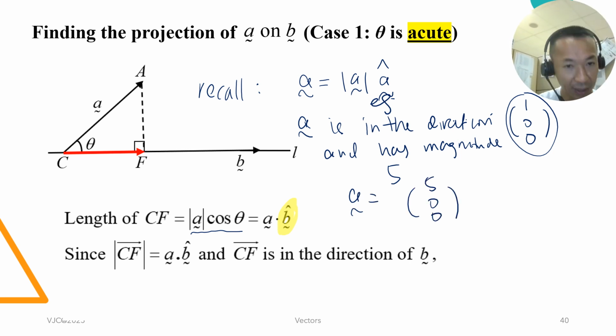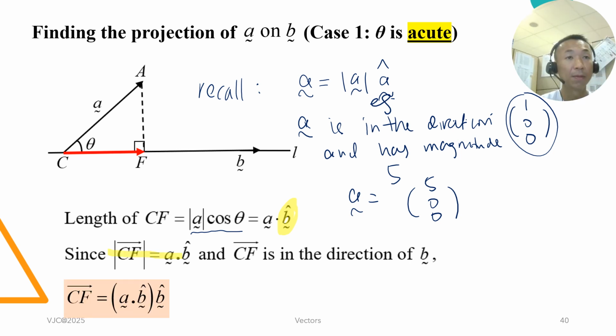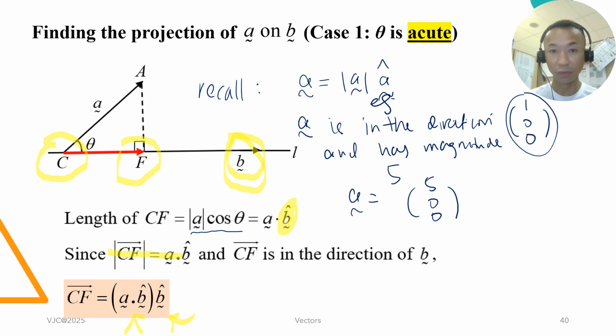Since I already know the magnitude of CF, CF will be the magnitude times the unit vector B, a scalar multiple, because CF must surely be in the same direction as B. So here we have shown just by trigonometry that CF, the projection of A on B, is just this. You may want to replay the video to understand this again.